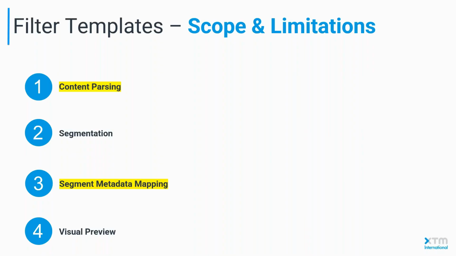You can also port over to the Workbench, for the convenience of the translator, metadata such as comments or dev notes that are added in the authoring system that you're producing your content in.